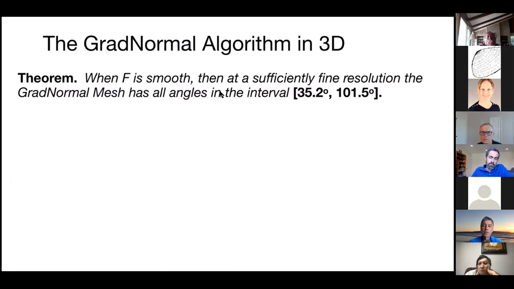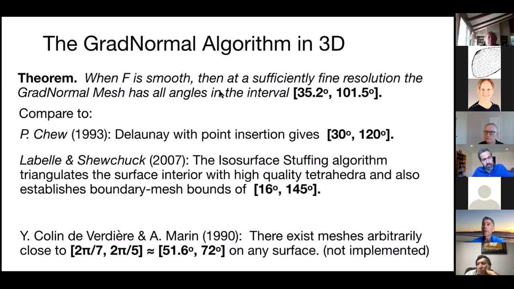So the smallest angle is going to be above 35 degrees, which is not bad at all for computer graphics purposes. It's a long way away from 0. Just to compare that with the previous results, the algorithm that's in common usage gives angles between 30 degrees and 120 degrees. So that's not quite as good.